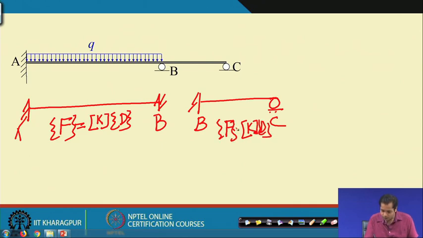Once we have this set of equations for this member, and then this set of equations for this member, we assemble them. We write an equation which relates these different parts, and then we get a system of global equations, and then we solve that global equation.